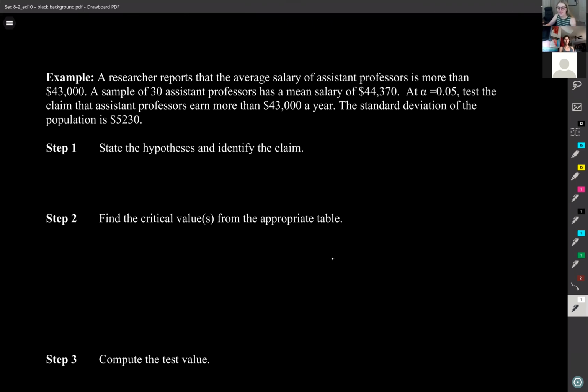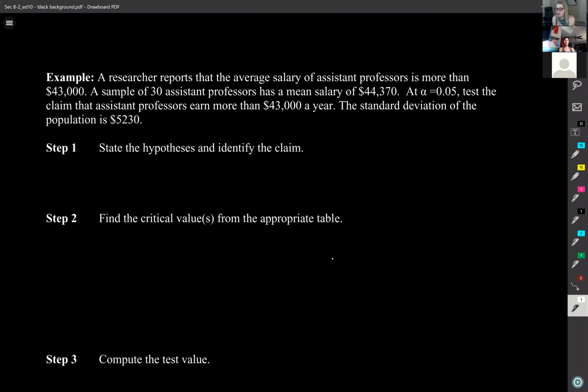So, example. A researcher reports that the average salary of assistant professors is more than $43,000. Right there, you see that we've got their prediction, that they think it's more than that.